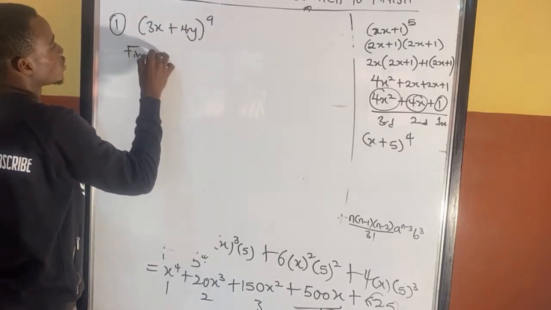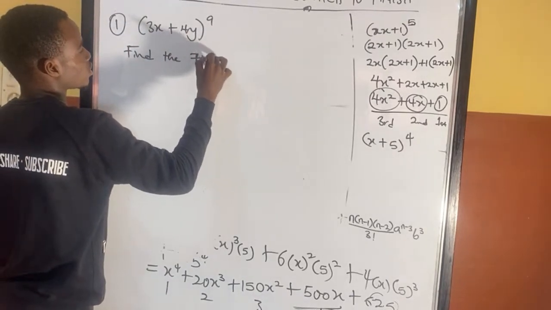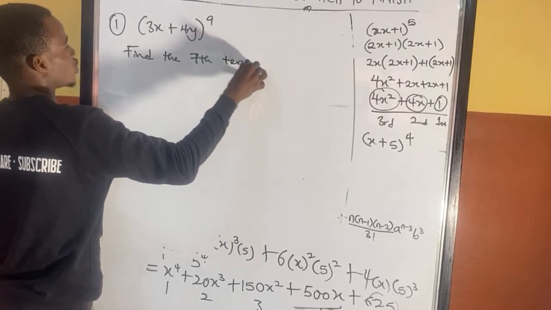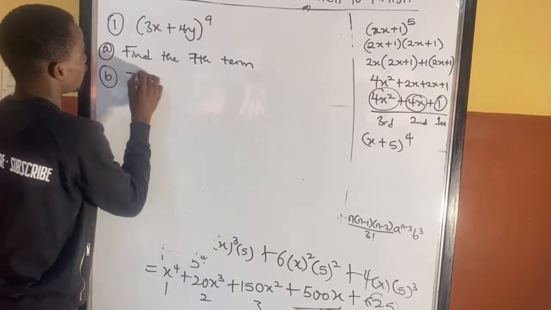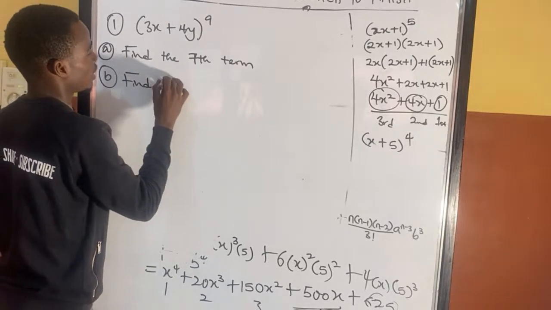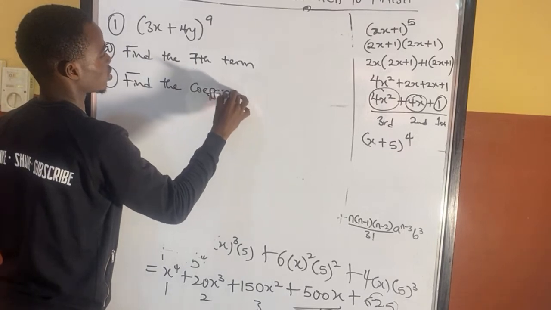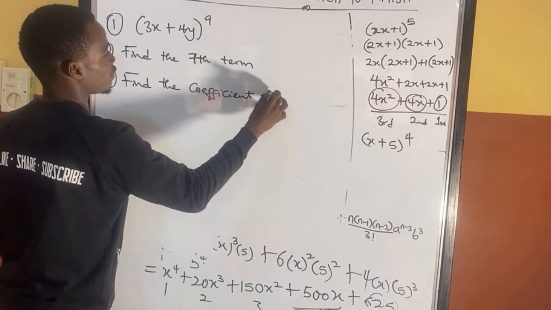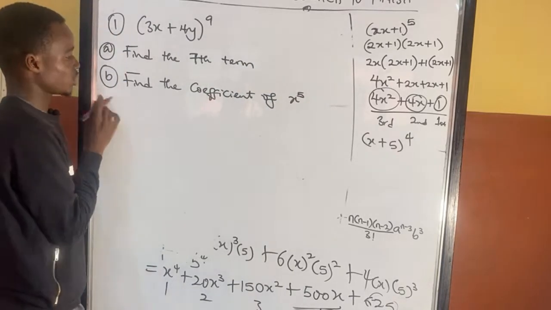Find the 7th term. So that's A. B, you are asked to find the coefficient of x raised to the power 5. I know I gave this question. We solved something like this.